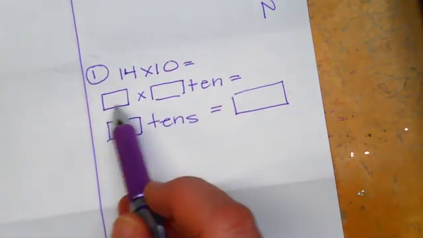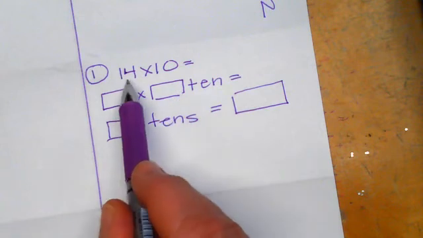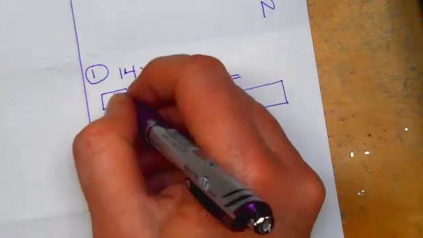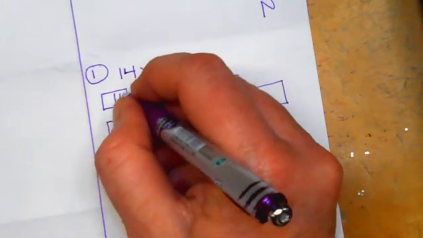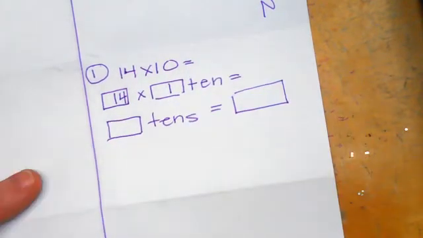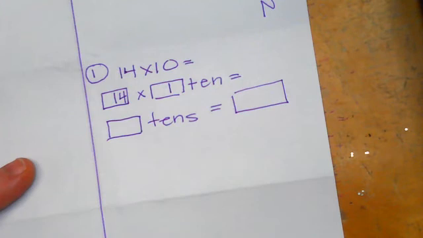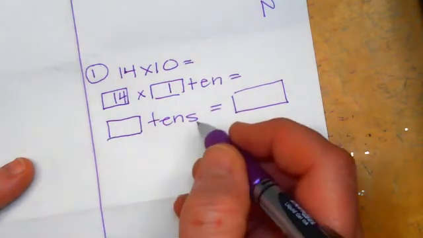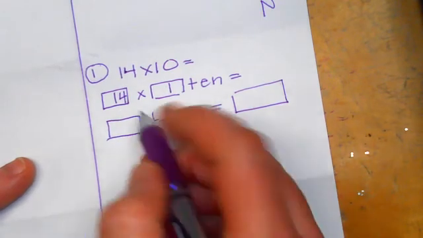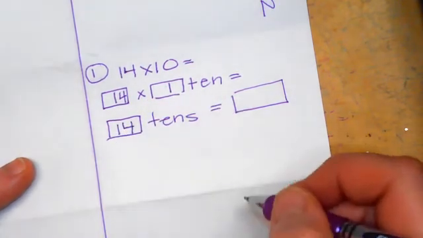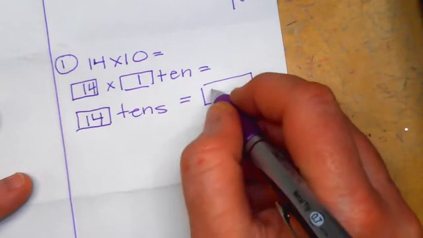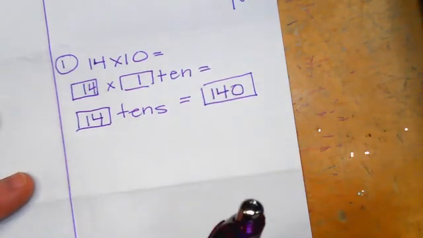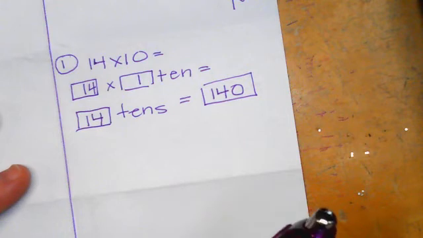So if I have 14 times 10, I'm saying that there's going to be 14 times 1 ten, right? And that is going to equal how many tens? Well, it's going to equal 14 tens, right? And if I have 14 tens, I have 140 ones, right? Does that make sense to everybody?